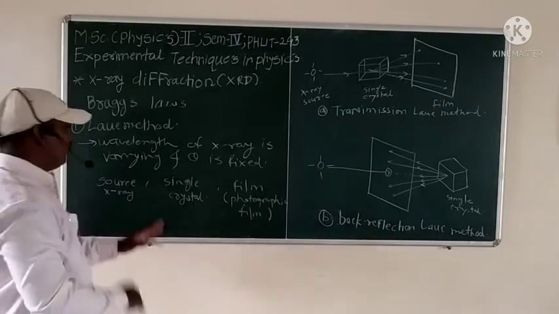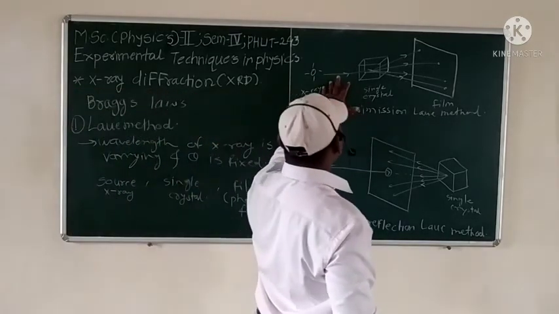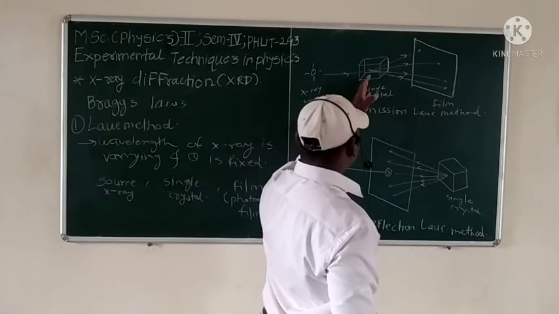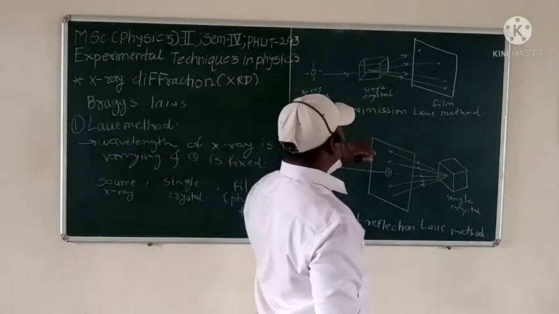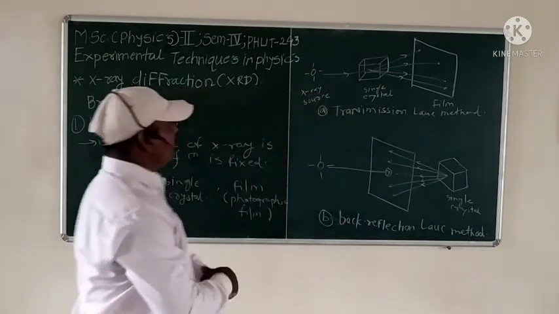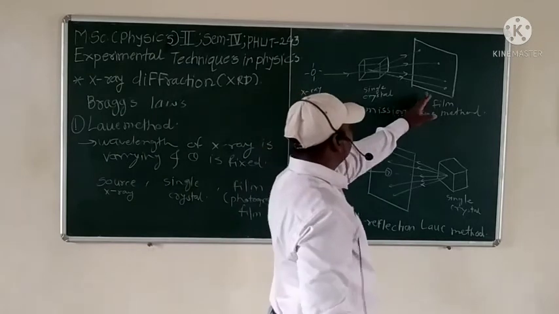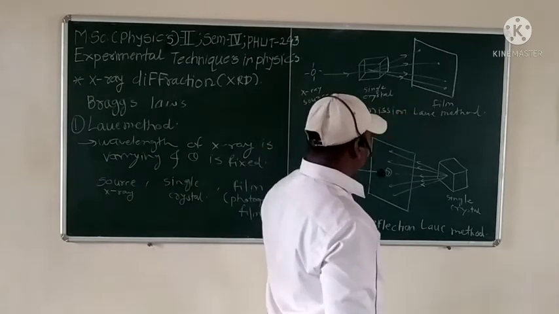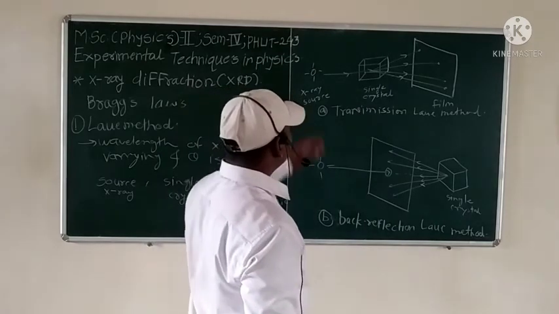Okay, in the Laue method we fix theta. That means the interaction between the X-ray beam and the crystal is fixed, so the diffraction angle is fixed. So we only change the positions of the crystal and the film. Let's see the first case.